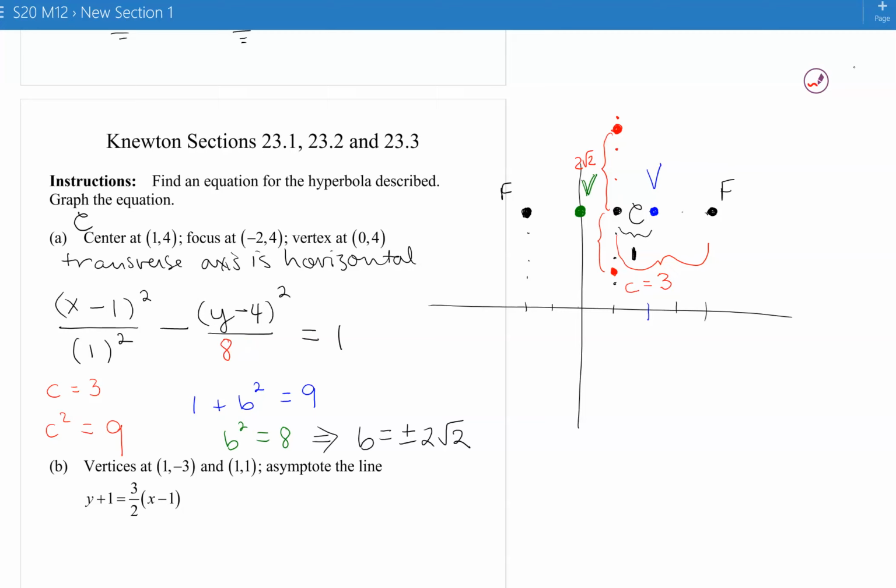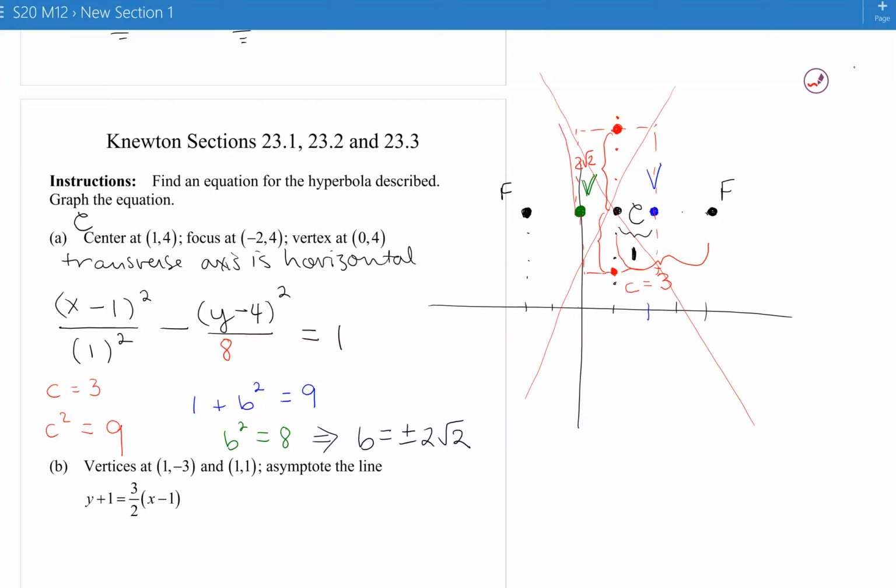And now we can draw our box where the vertices are on 2 sides of the rectangle and the red dots are in the middle of the other 2 sides. So we can see where the asymptotes need to go.